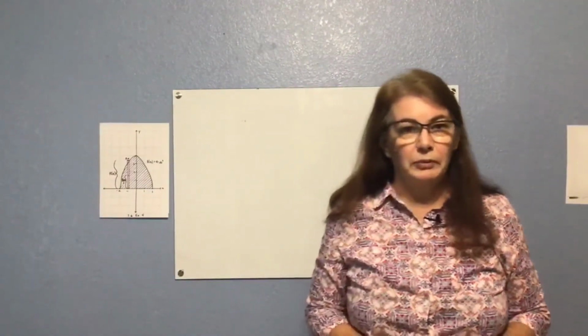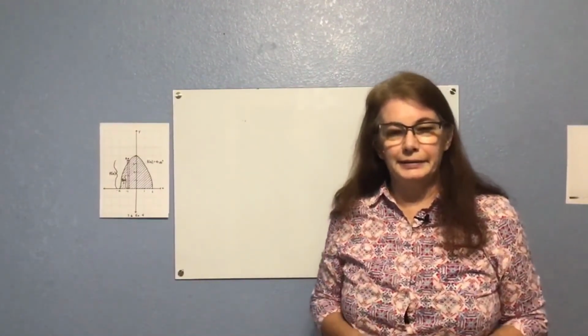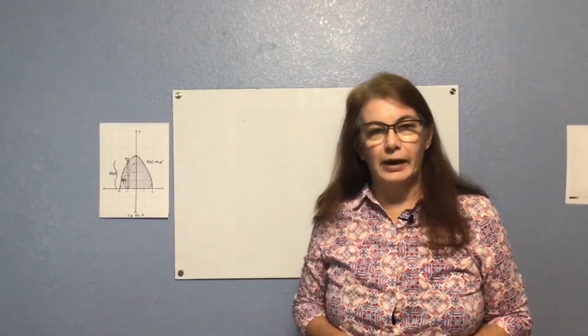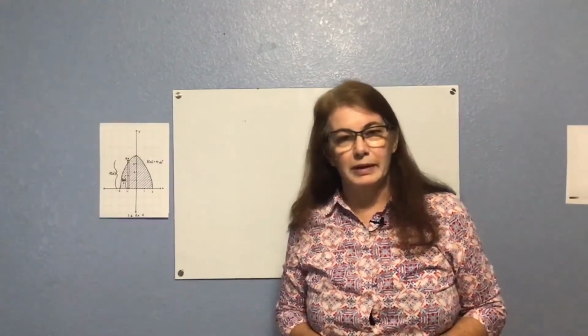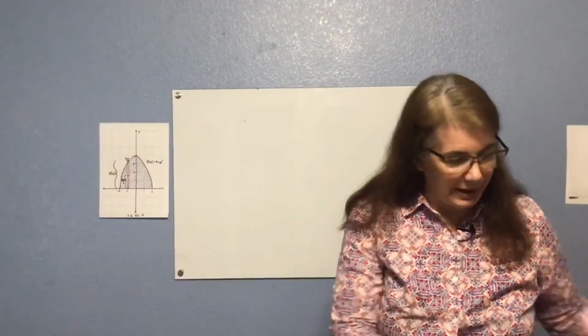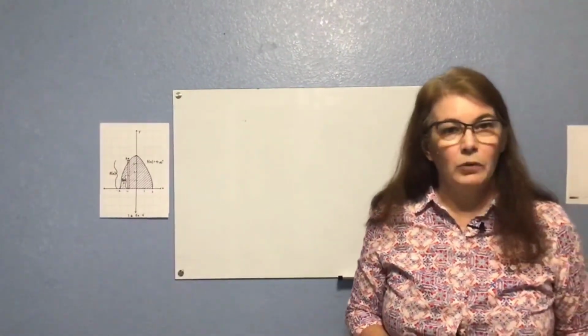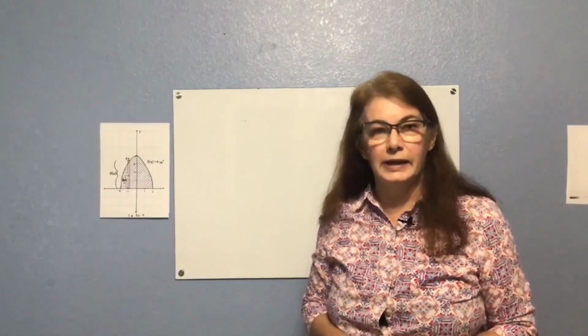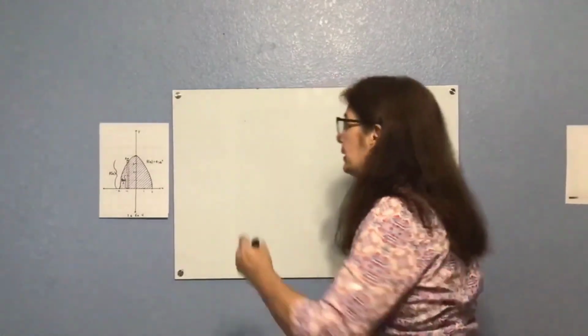I'm sure some of you are wondering, well, this is all well and good, but what's it got to do with calculus? We've only been doing basic math so far. Well, never fear, we're about to do some calculus. Okay, we're going to talk in this example about a planar lamina.